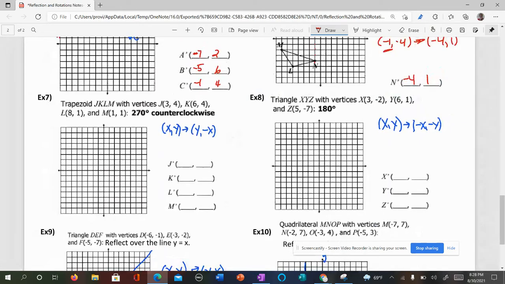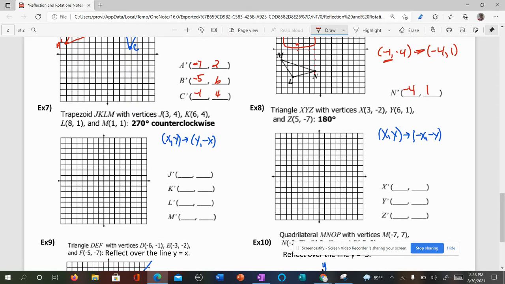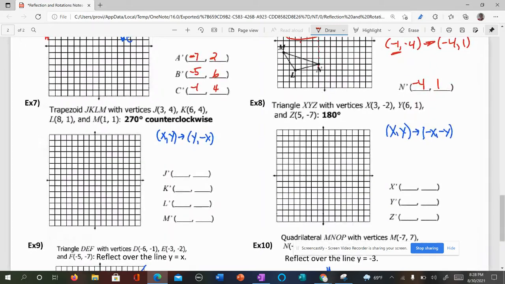All right, so again, let's practice this. Oh, and let's check this one here. I predicted it would be in this quadrant, 4, and up 1. So it ended up there. And this one will be easier to tell because you're going to graph the entire figure. And, oh, I didn't graph this one beforehand. I'm slacking. Let's do that real quick. 3, 4.